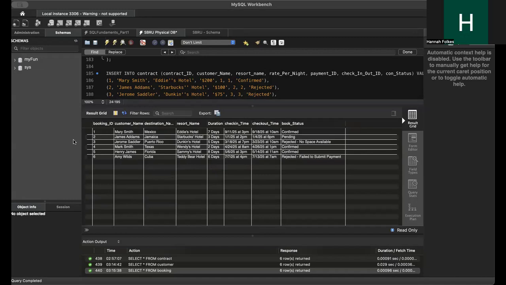So the first column is the booking ID number, followed by the customer's first and last name, then the destination location that they're planning to stay at with SBRU, followed by the SBRU hotel that they have chosen. And then the next column is the duration column, which tells us how many days the customer is planning to stay at that hotel. And we have their check-in and check-out times.